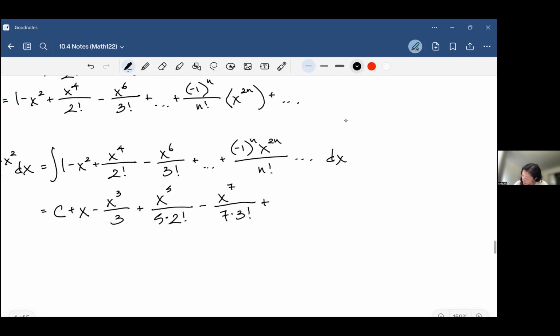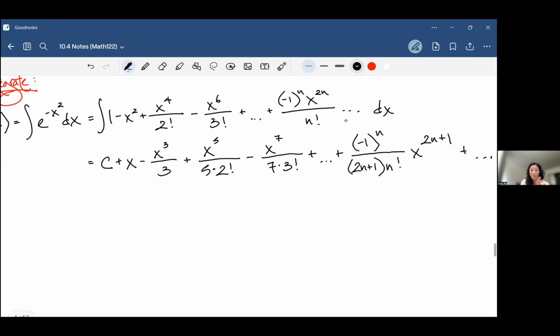I would keep going, and I would get my negative 1 to the n. That has to stay because I'm alternating my signs. On the bottom, I'm going to have 2n plus 1 times n factorial, x to the power 2n plus 1.